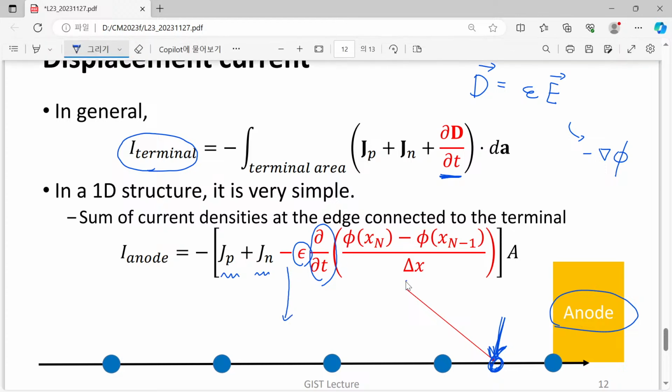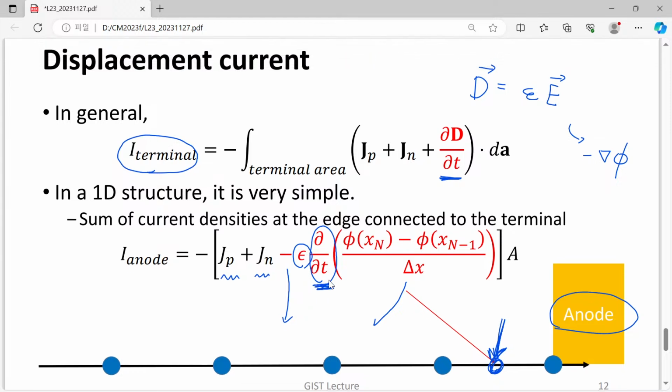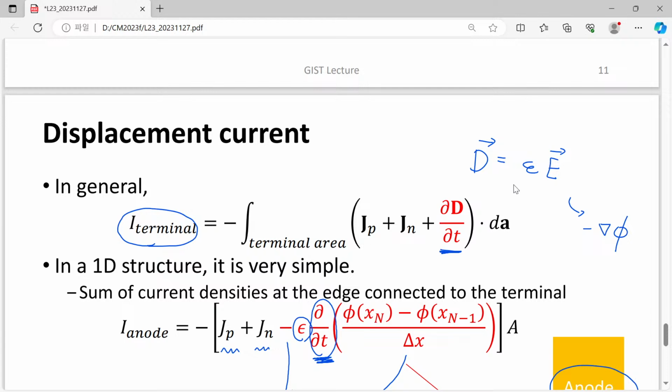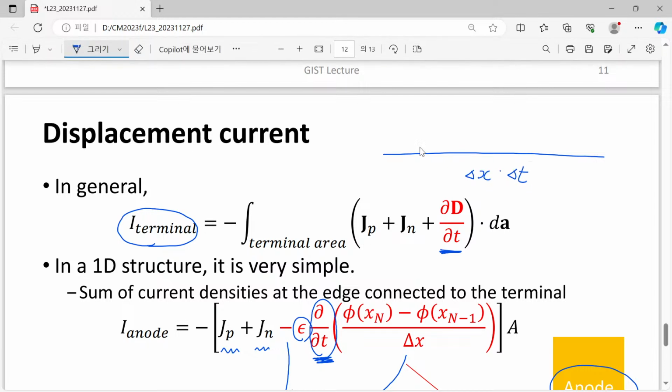Of course, here we have a time derivative operator, so it simply means that when we write it all down explicitly, this term in parentheses can be written as delta x over delta t times phi x n minus phi x n minus 1.